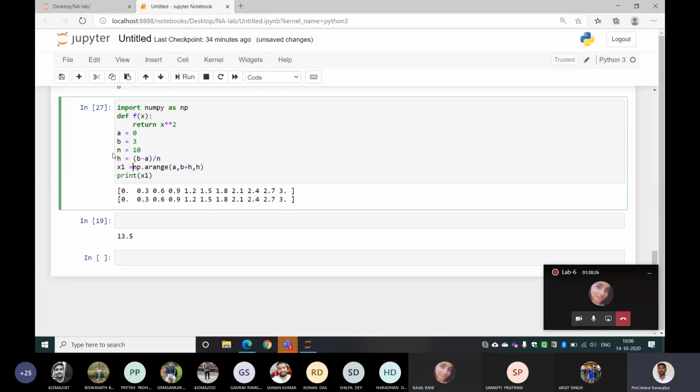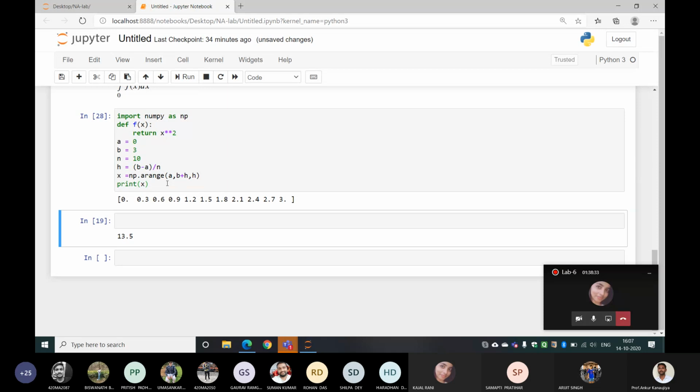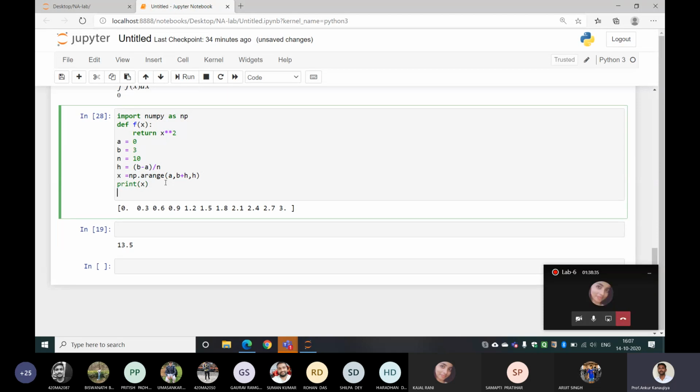Now we divided the interval, and now in each interval we'll apply the trapezoidal rule. So now can you tell me the trapezoidal rule in each interval? h/2 times f of a plus f of b plus 2 into. This is a, this is b. So in terms of x, this is x0, this is x1, x2, and this is x10.